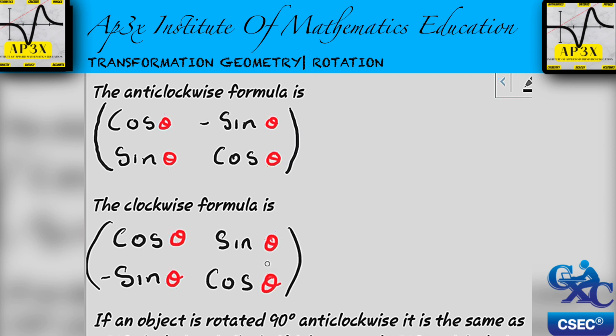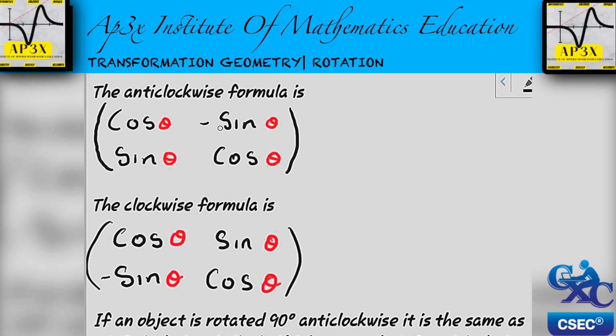Now we have two formulas here that you're seeing on screen, and that is in fact the anti-clockwise formula and the clockwise formula. You're going to find most of the time on other YouTube channels that teach math, and in textbooks and formula sheets, that this formula at the top is what they use to describe a rotation.